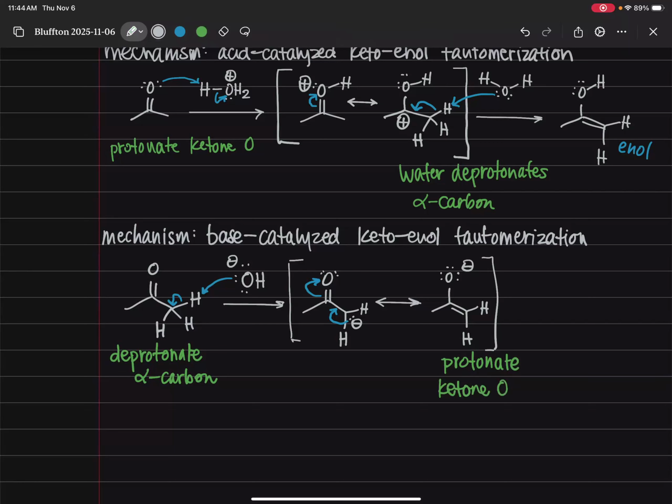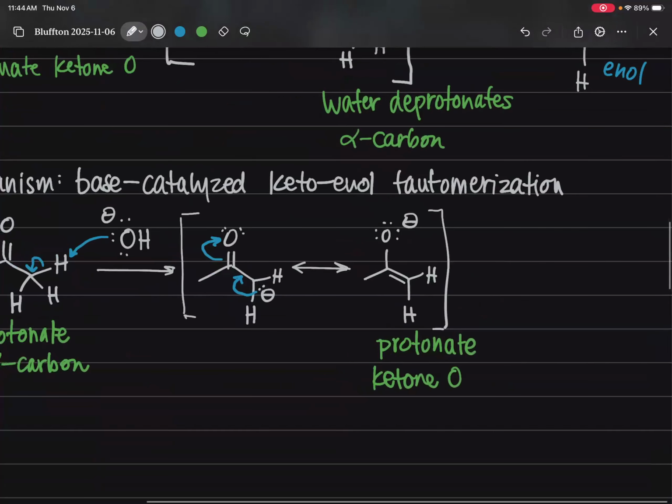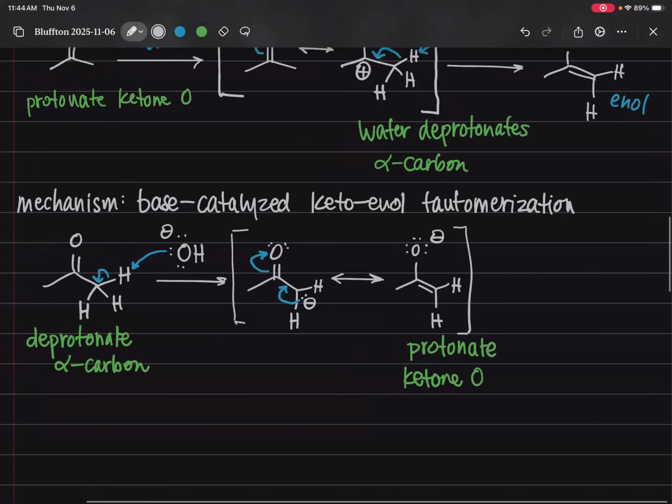It's not really the ketone oxygen anymore, but you get the idea. It's still this oxygen atom. And we've made water here from our hydroxide.